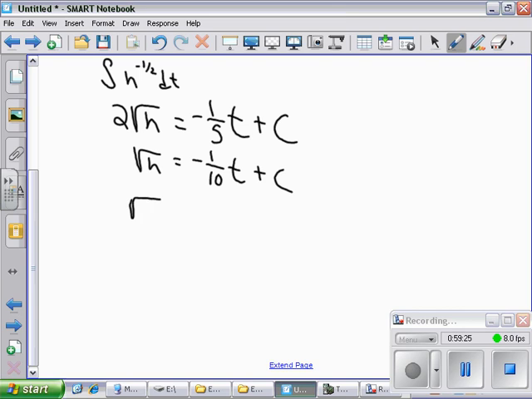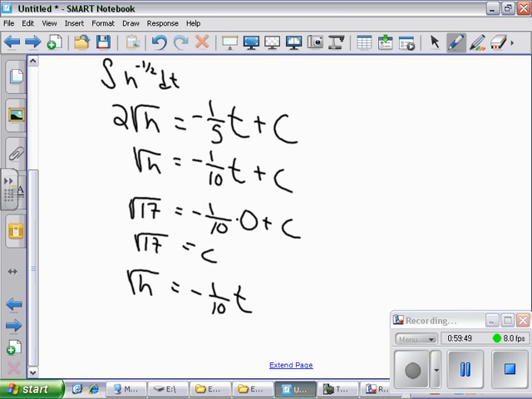I guess I can leave it like this. That's crazy if you got that number. Okay, so we have c as the square root of 17. So we go back and put the c in. So we have the square root of h is equal to negative 1/10 t plus the square root of 17.